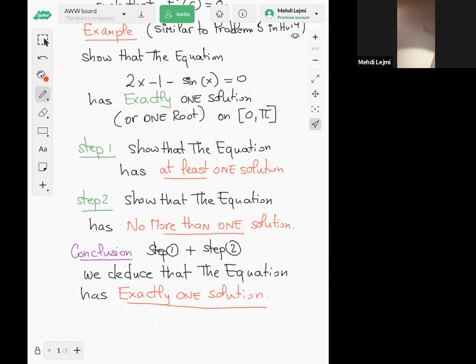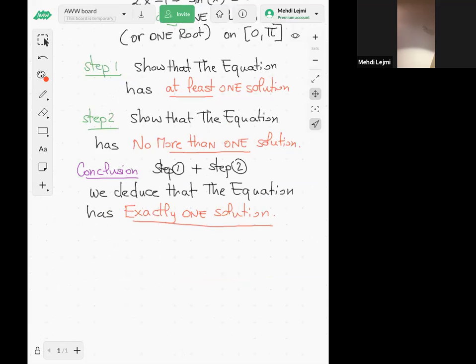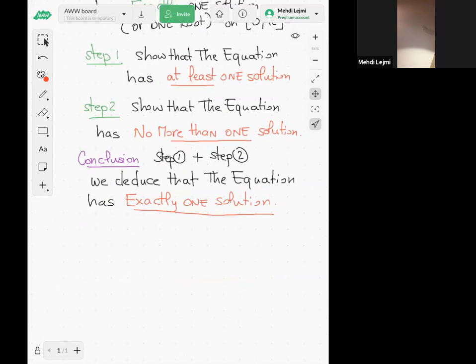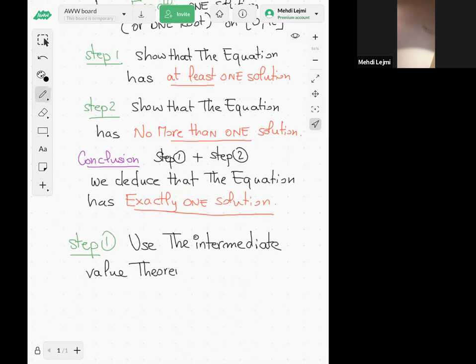So for step one, we're going to use the intermediate value theorem. Okay, so how does it work?